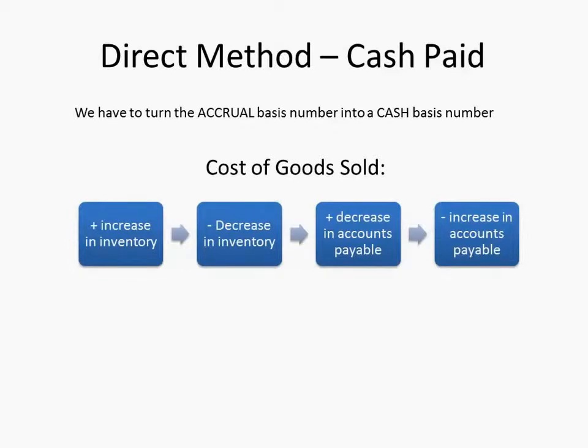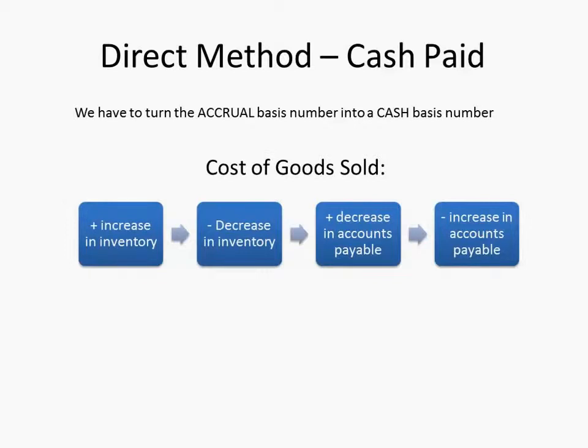However, if you say, what's your cash paid for merchandise, you're adding any increase in inventory, but if accounts payable went up, that means you didn't actually pay maybe for that inventory. So you have to subtract any increase in accounts payable or add any decrease in accounts payable because it could be that you paid something that was outstanding from a prior period.